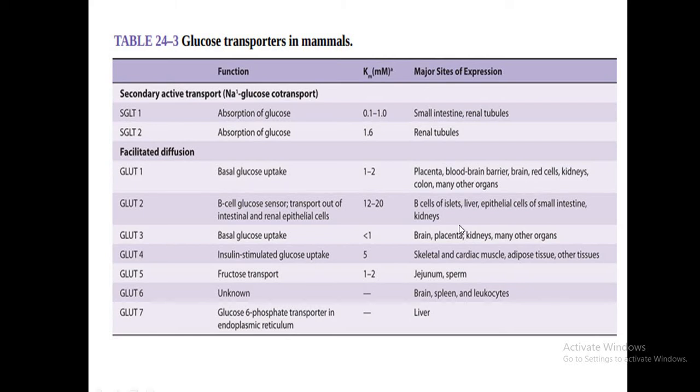So it's found in brain, placenta and kidneys. Also, GLUT1 is present in red cells. GLUT5 is responsible for fructose transport, and that is found in the sperm as well.